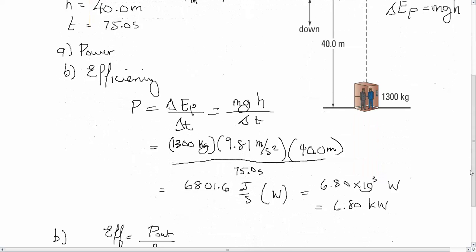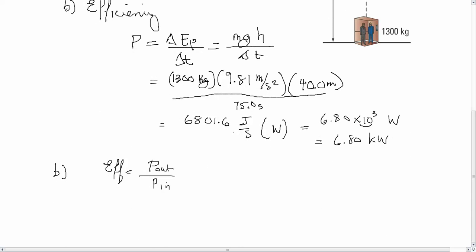Now, we've calculated the power out, but remember, it's imperative that we don't use the rounded value, we use this unrounded value to calculate it. So we've got 6.8016 kilowatts divided by 9.40 kilowatts.